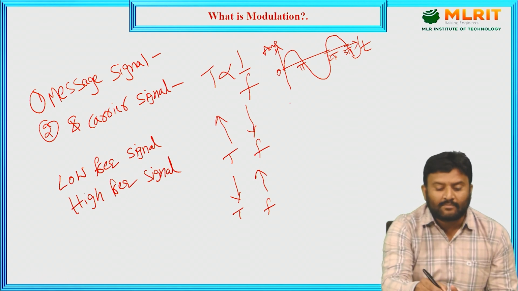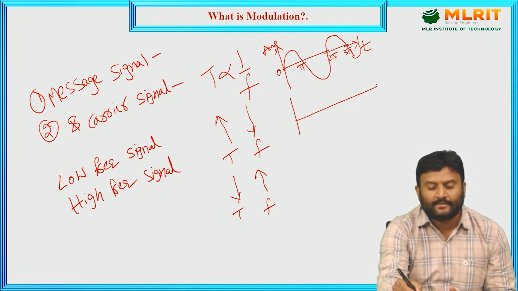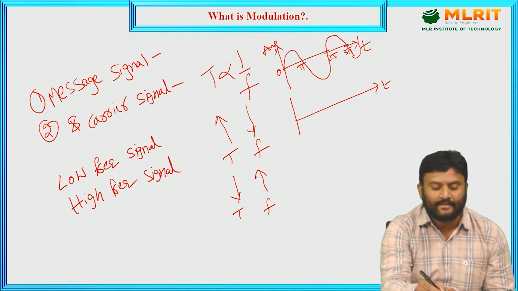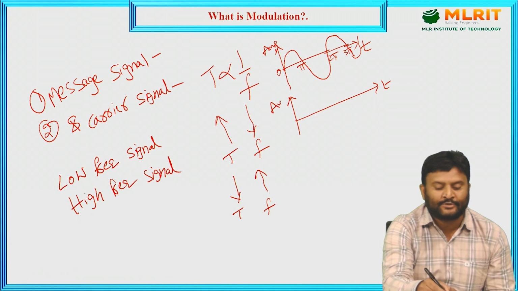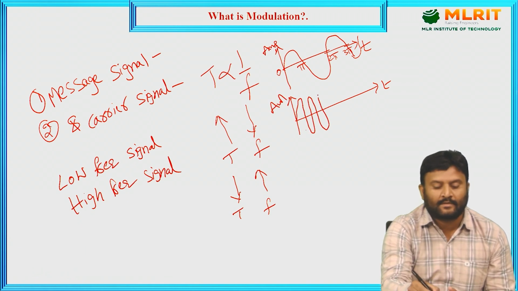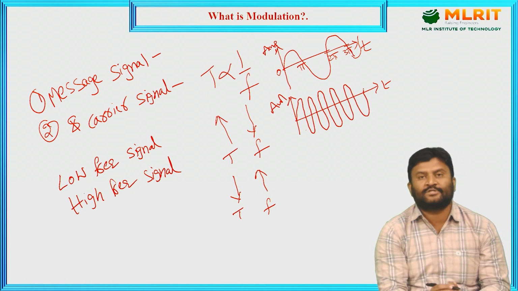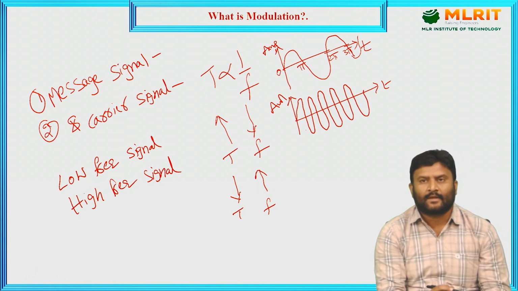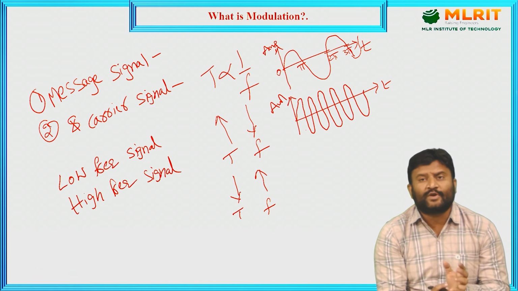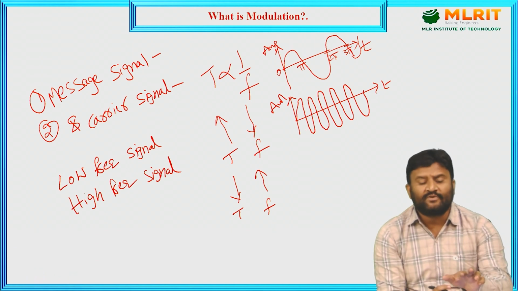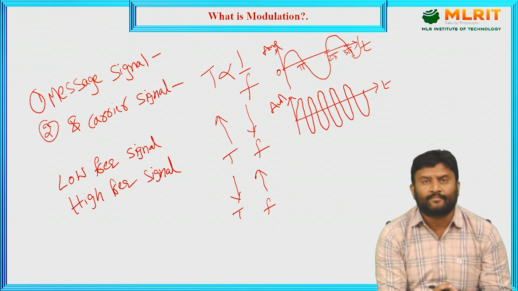And I draw one more signal, with t and amplitude, and my representation is like this. Then see the two waveforms, the first and the second.